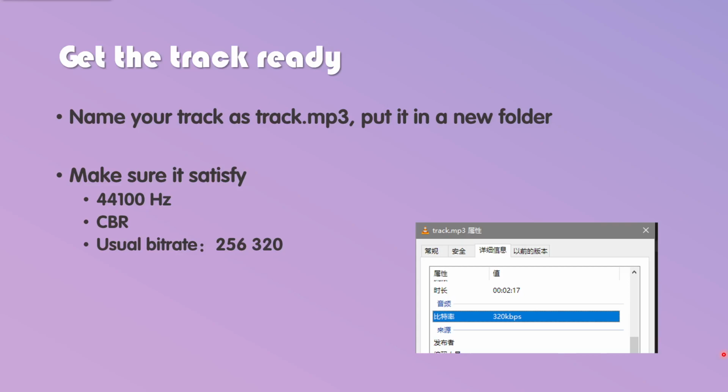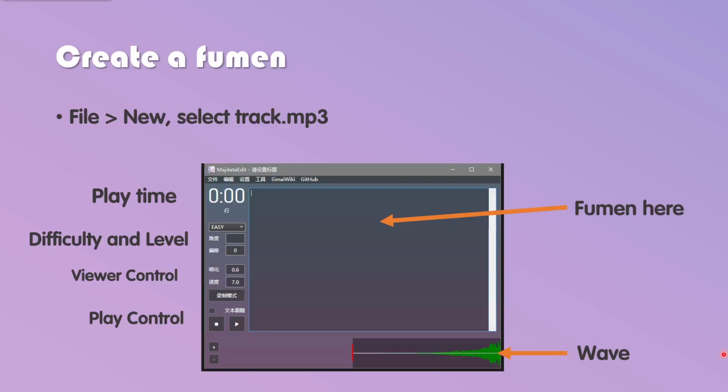So we need a track.mp3 file, and make sure it satisfies these conditions, or it may not function well. And then you open the software and select new, select the track.mp3, then it could be loaded into the software. And it looks like this.